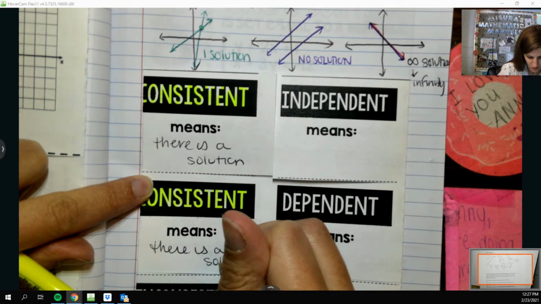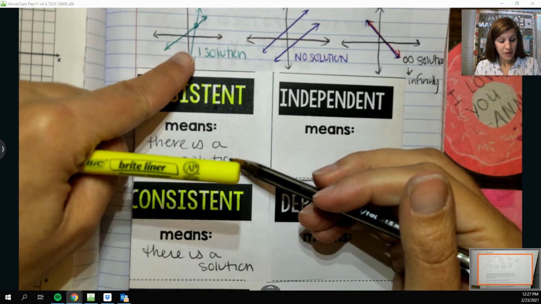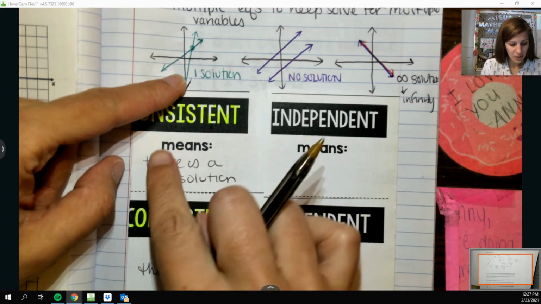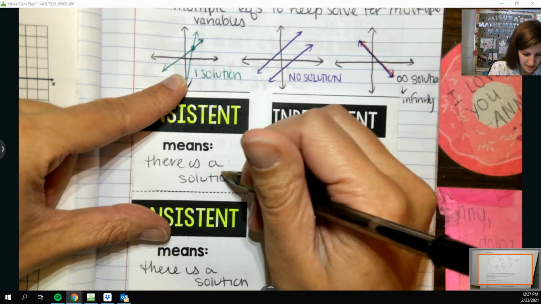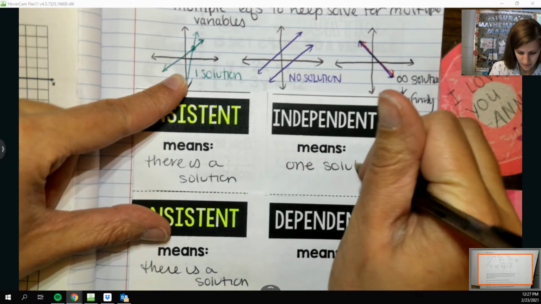The reason I have it twice is that for an example like this, there is a solution, but there's only one. So if you are consistent, independent, then there is a solution and there is only one of them. So, one solution.